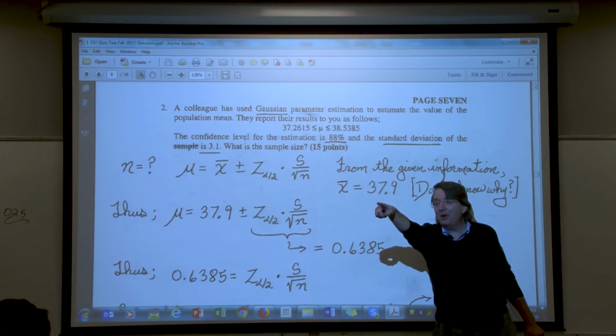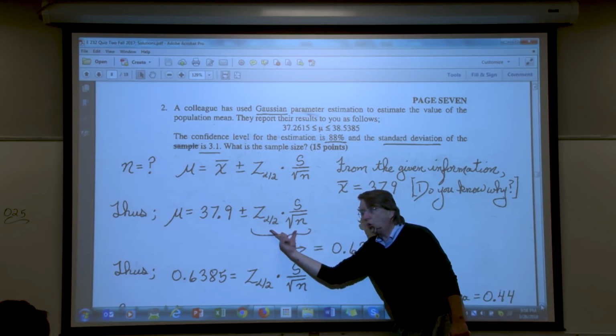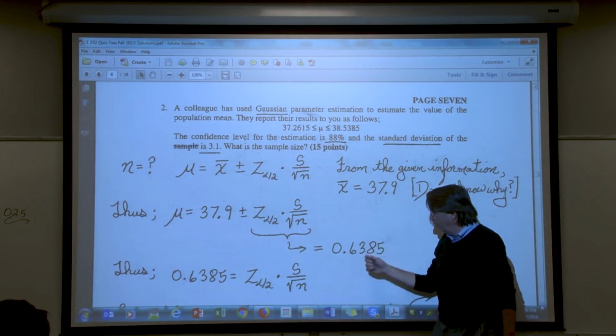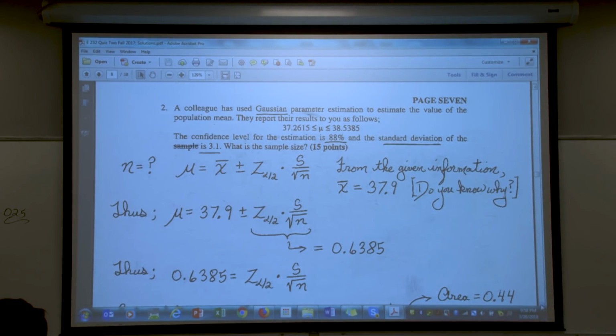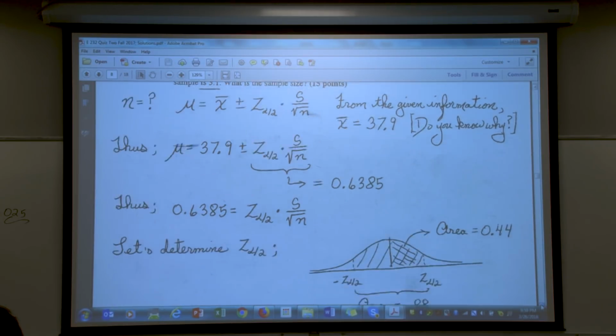What do I now know? This whole quantity is equal to 0.6385. I got it. How am I doing? Good. All right, excellent, we got this. So now I know that 0.6385 equals z sub alpha over 2 times s over the square root of n. What's the unknown?